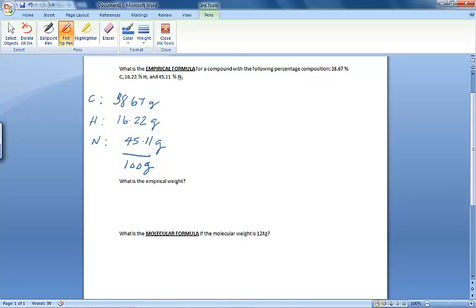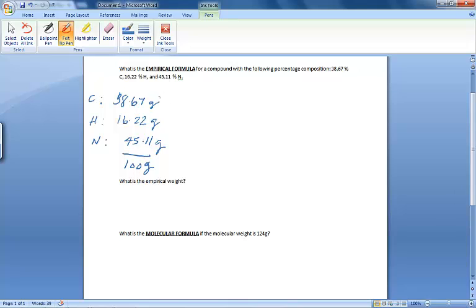So we're not just simply saying, let's make percentages grams because it's convenient, but rather we're using the ratio of 38.67 to 100 and 16.22 to 100 and 45.11 to 100 to our advantage, because if they were percentages, they'd add up to 100, and if they were grams, they'd add up to 100.